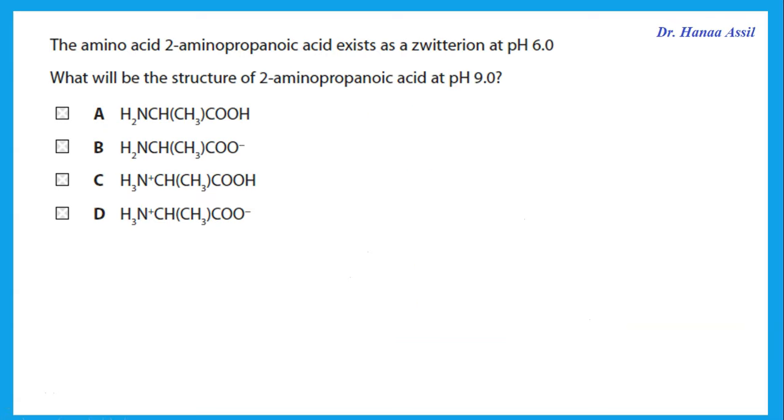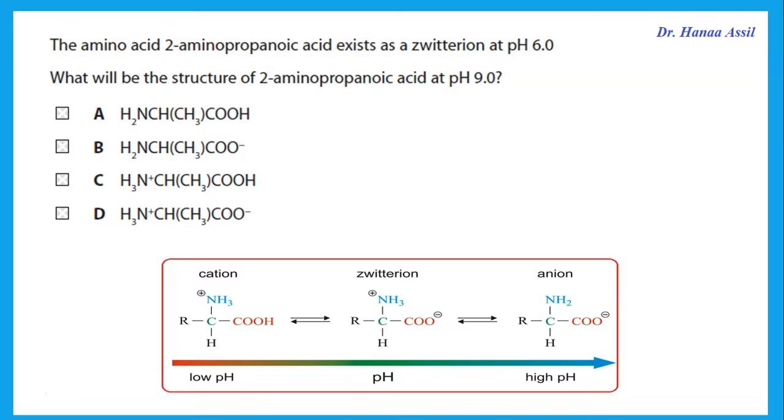So, for example, this question says the amino acid 2-amino propanoic acid exists as a Zwitter ion at pH 6. What would be the structure of 2-amino propanoic acid at pH 9? So, of course, we said a Zwitter ion means the amine part is NH3 plus and the acid part is COO minus.